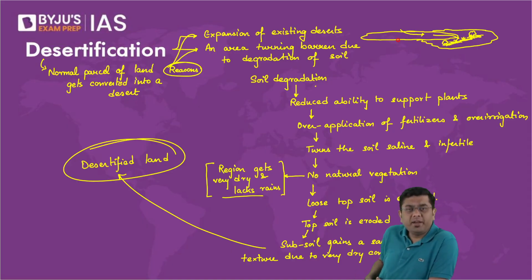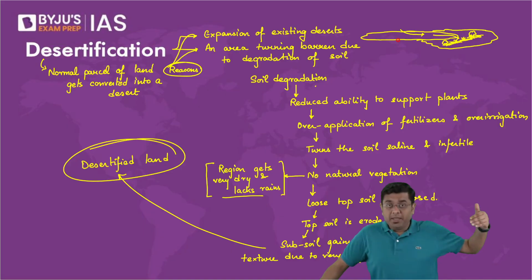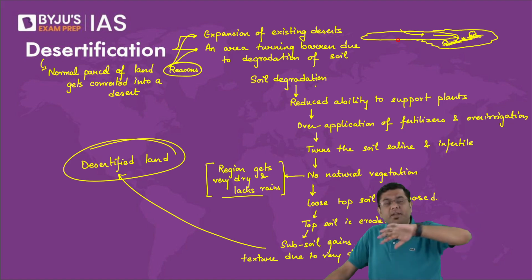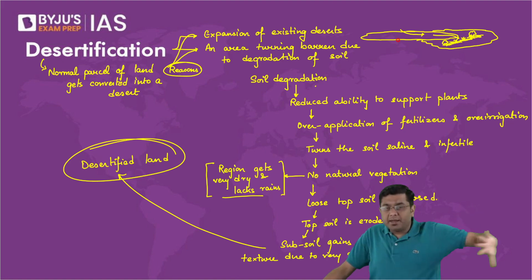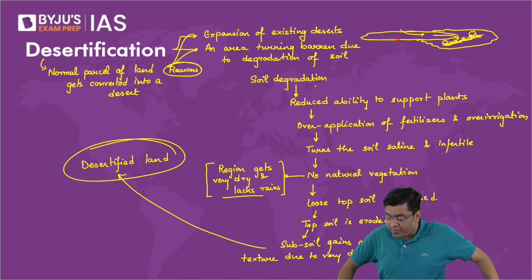It will serve as a hindrance. So that is where it leads to an expansion of the existing desert. That is why you will study in environment and even in current affairs about the Green Wall initiative by Africa, where in order to stop the expansion of the Sahara Desert, they are planning a green belt to be planted to the south of the Sahara so that it doesn't expand any further.